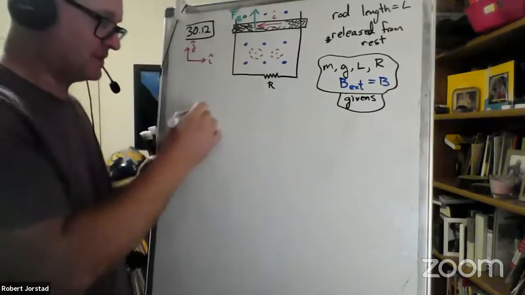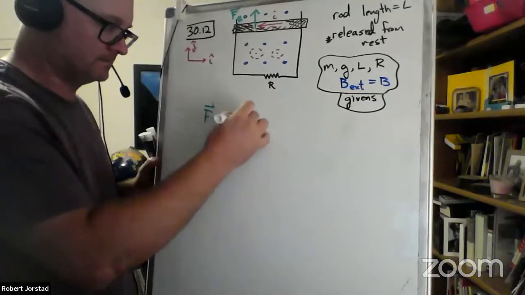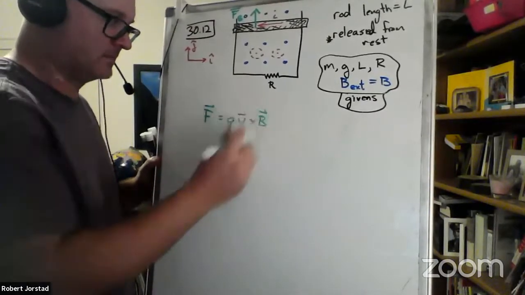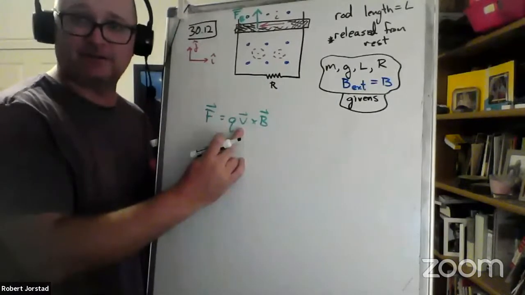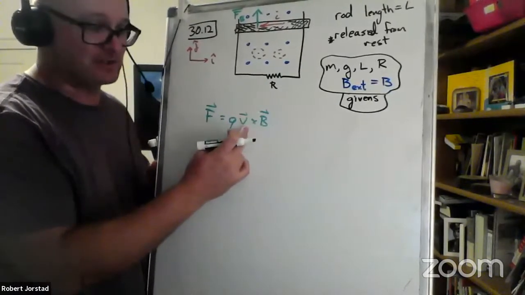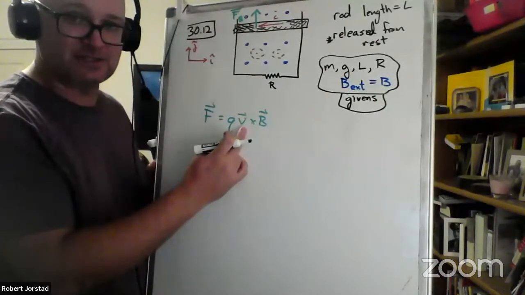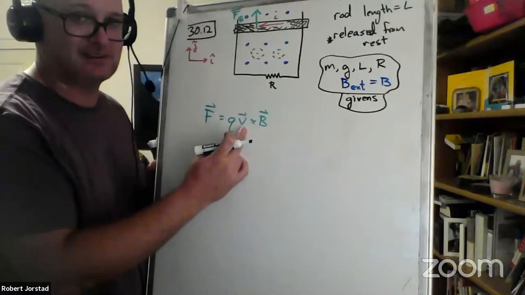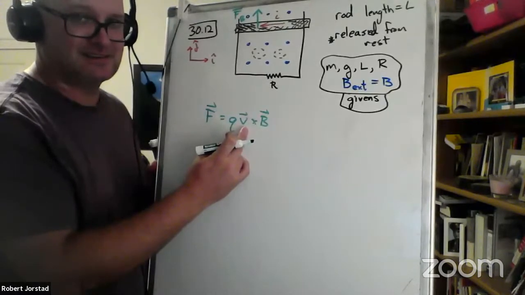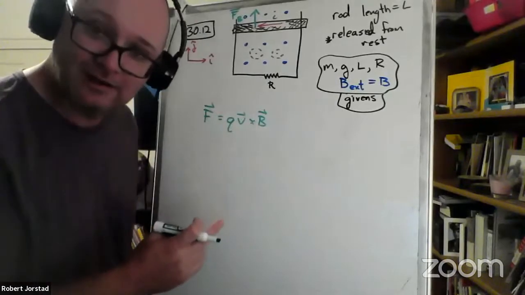Here's a trick. While not always true, you have a cross product in this magnetic force. Magnetic forces should never change your speed because they're perpendicular to your motion. They can only change your direction of motion. Maybe you've heard it said that magnetic forces do no work.